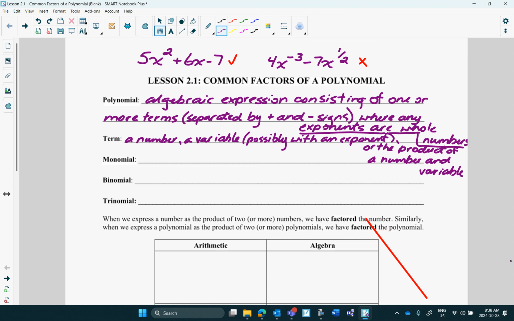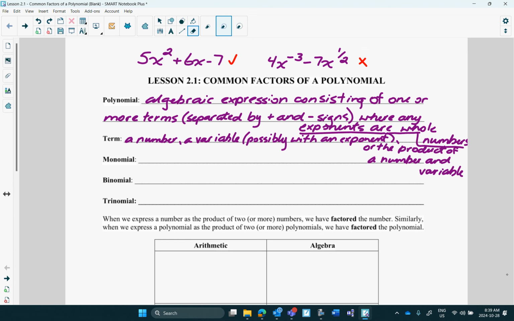So any number, 7, negative 6.7 repeating, 1/2, all of those are terms. A variable, x, y, a, b, could have an exponent, so a squared, b to the 5th. Or the two multiplied together, so like 5x squared is a term.